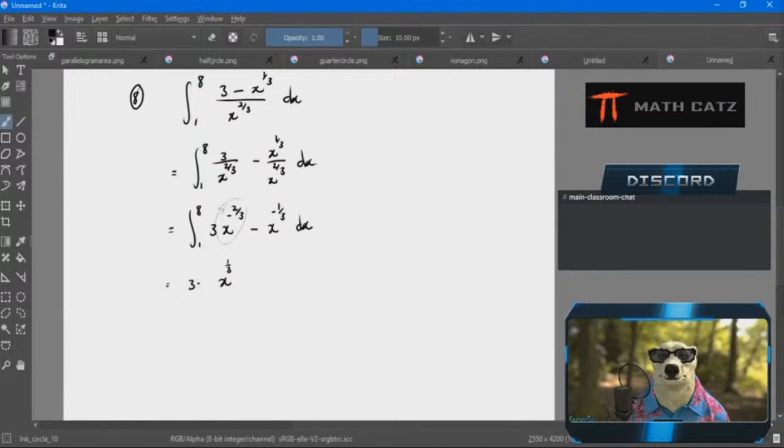Now the 3 may or may not be something you want to incorporate. For consistency, I just always leave it out. Not have that be a part of my argument, because sometimes it works and sometimes it doesn't. And I'd like to be consistent. So I see here that I've accounted for the 3. The power rule is going to put a 1/3 in front.